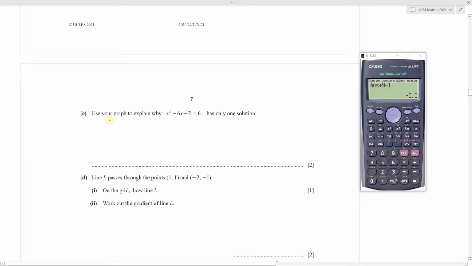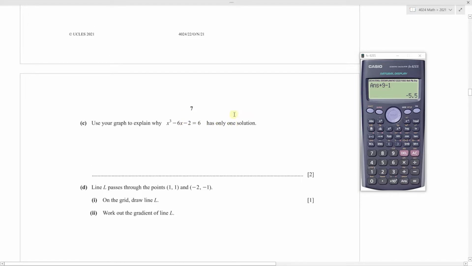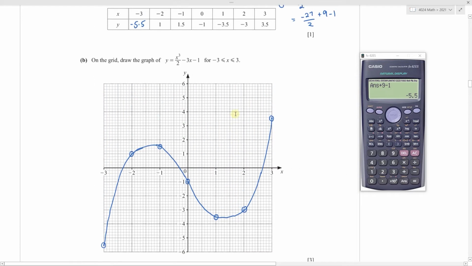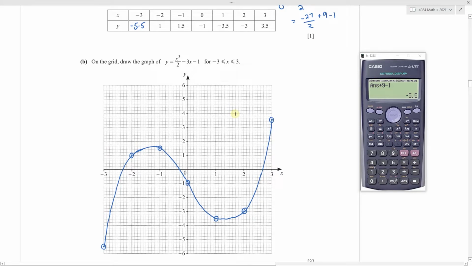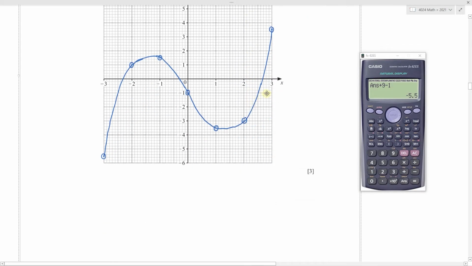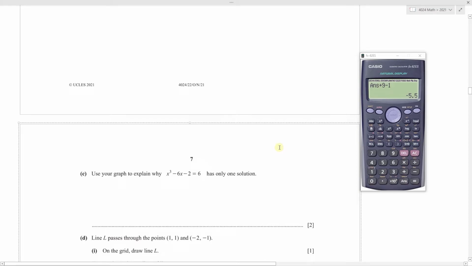Part C is use your graph to explain why x cubed minus 6x minus 2 equals 6 has only one solution. So if we look at the graph that we're given, it's for this equation. Let me rewrite it down here. We are given graph for y equals x cubed over 2 minus 3x minus 1.